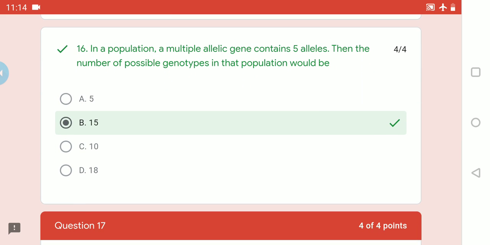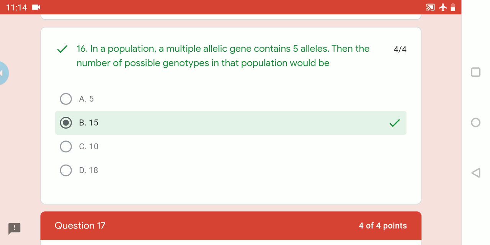The 16th question. In a population, a multiple allelic gene contains 5 alleles. Then the number of possible genotypes in that population would be.